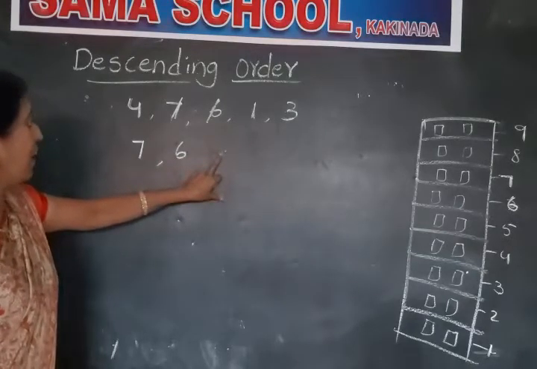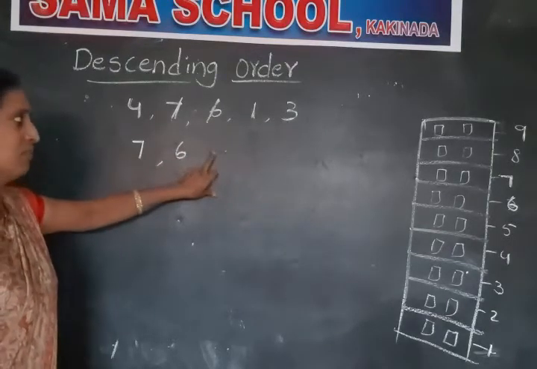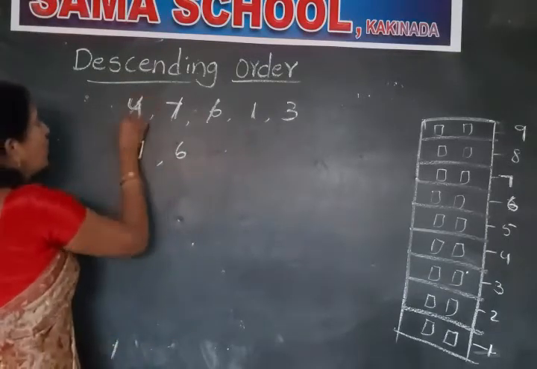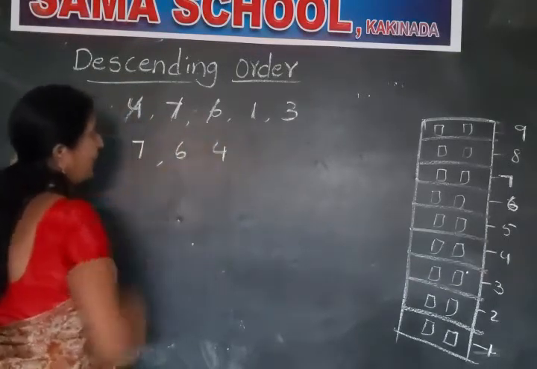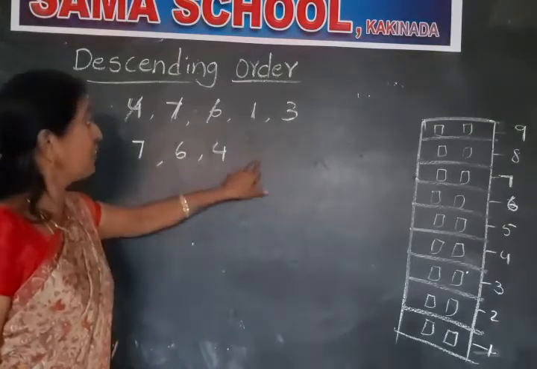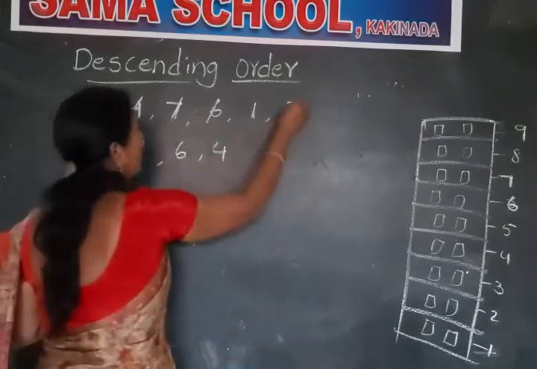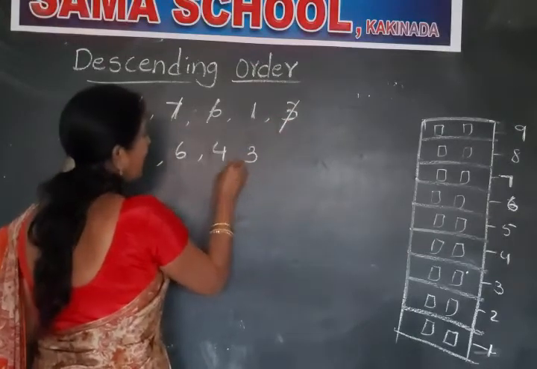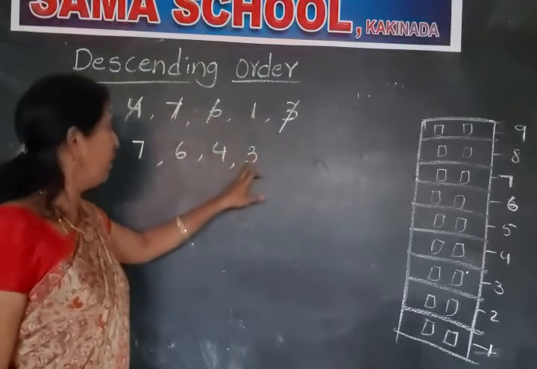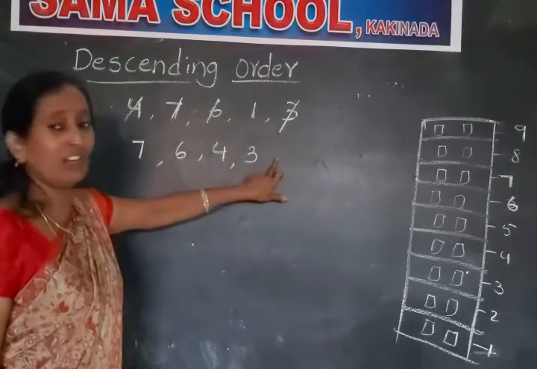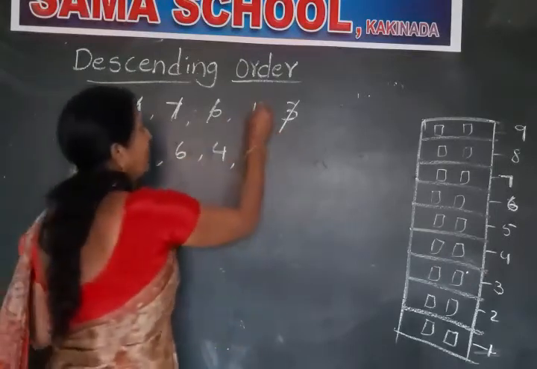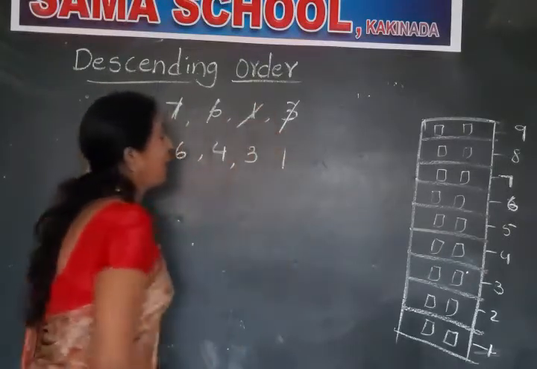Before 6 is 5, not there. Before 5 is 4, yes. So you arrange 4 here. Next, before 4 is 3. Now going to 3. Next, which one is the remaining number? 1. Before 3 is 2, not there. Next, before 2 is 1. So you write 1 like this.